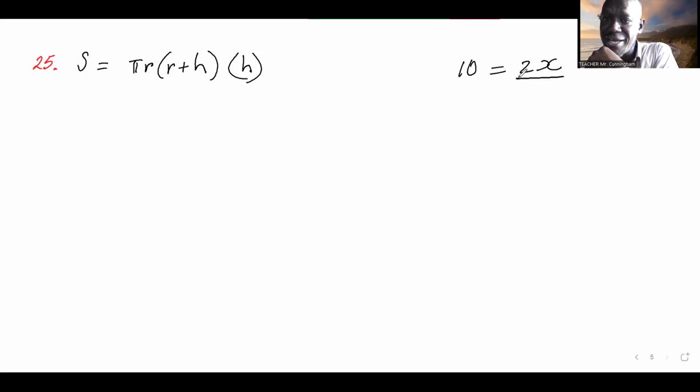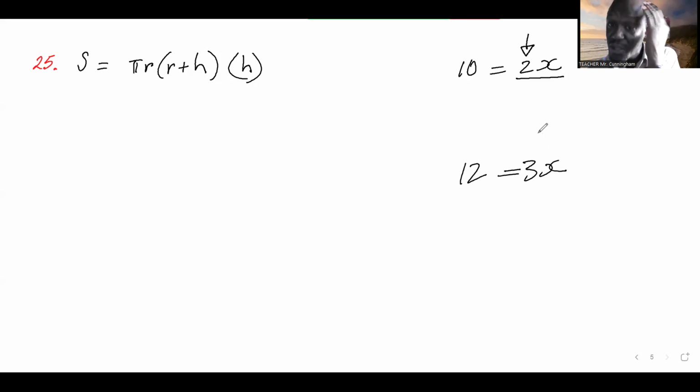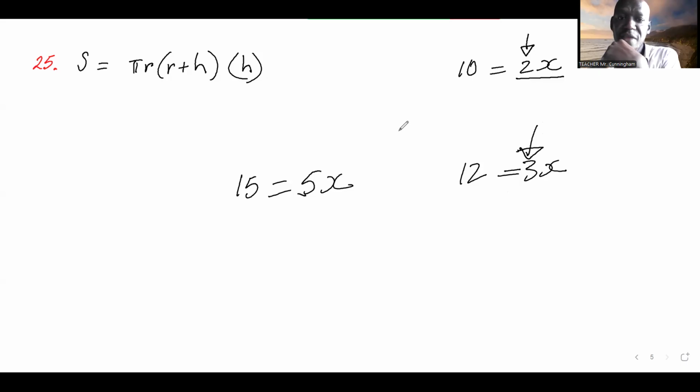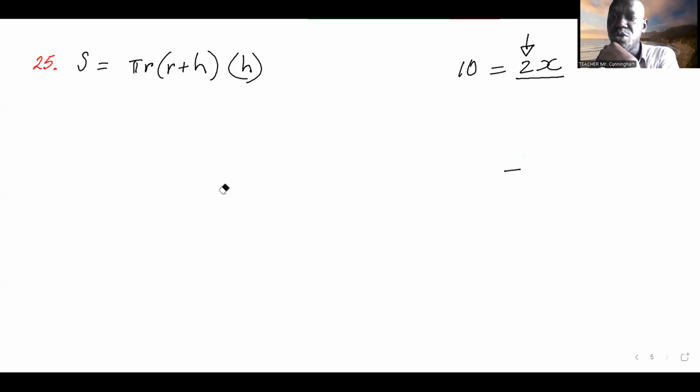You're finding for x. So the value that is before the x is called the coefficient of x. So if this was 3x equals 12, you had to divide by 3. If it was 15 equals 5x, we would have divided by 5. So the value before the x tells us what we're dividing by.